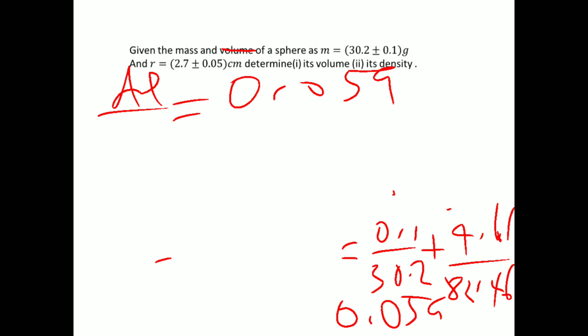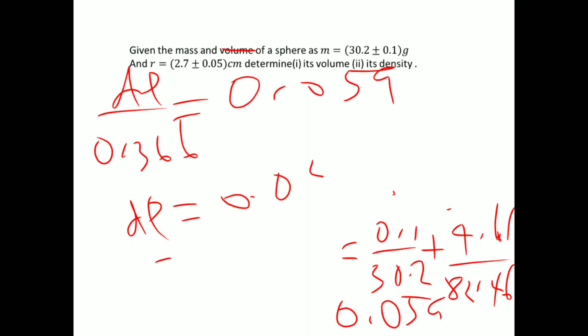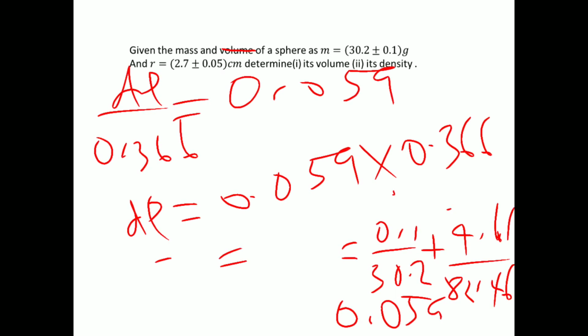So the error will be 0.059 multiplied by 0.366, which gives us 0.021.